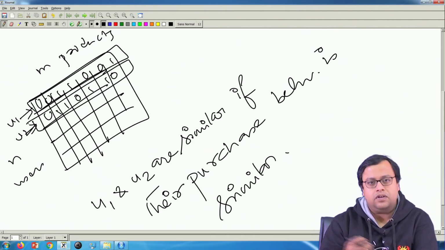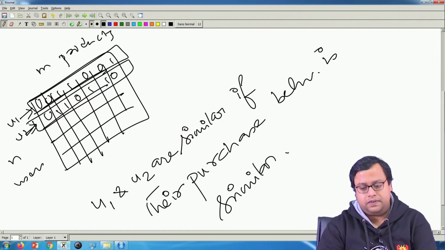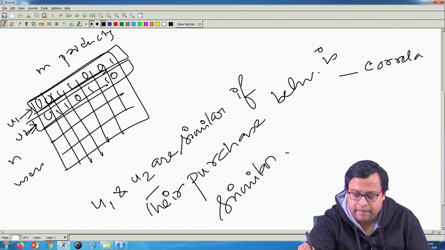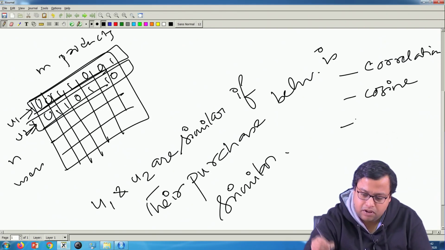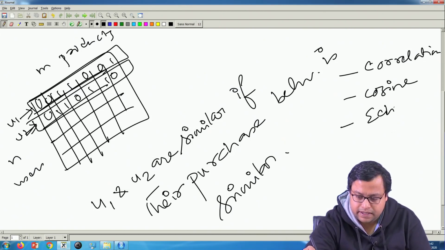Now, a row means a vector, a 0 1 vector. So, the similarity can be measured in various ways. It can be measured by correlation, by cosine, or by, let us say, standardized Euclidean distance, Euclidean distance.